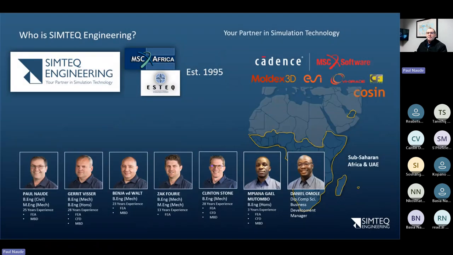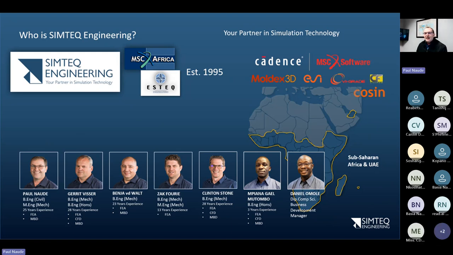Now, just a brief background of our company. We've been in business since 1995 and started to represent MSC Africa and other software vendors in South Africa and, well, the whole of Africa and UAE since 1995.